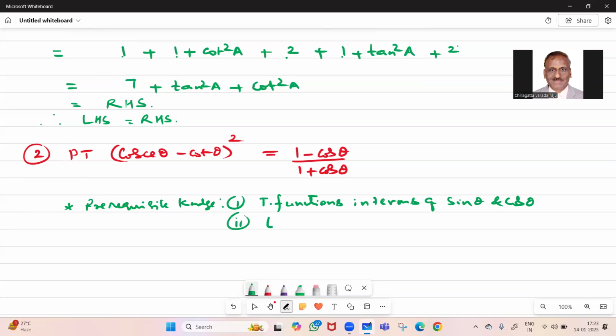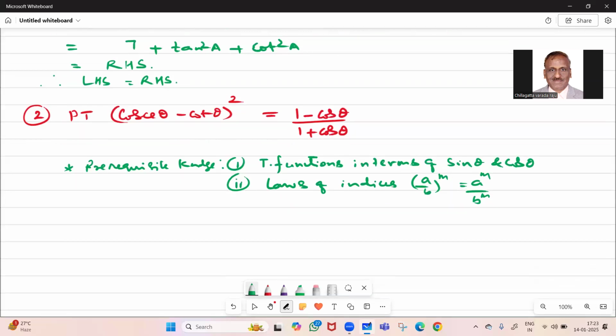Number 2, laws of indices. Especially in this problem, we will be using (a/b) raised to the power of m, which is equal to a raised to the power of m divided by b raised to the power of m. In the calculation part, we will discuss.